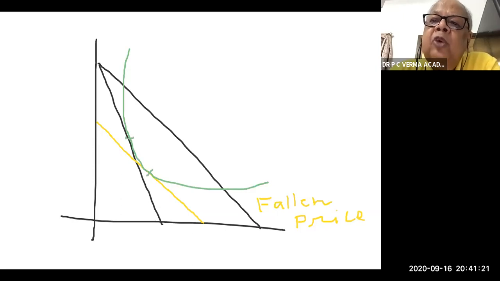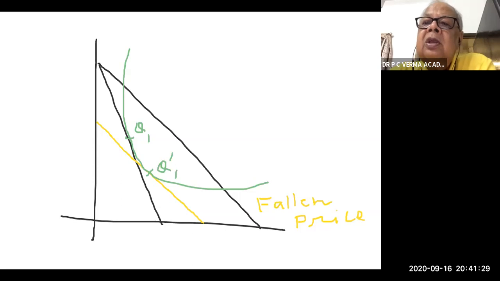Consumer was at point Q1. Now consumer is at Q1 dash. This is tangency, two tangency points. Q1 is on the original curve and Q1 dash is on the yellow line, that is parallel to the fallen price line.